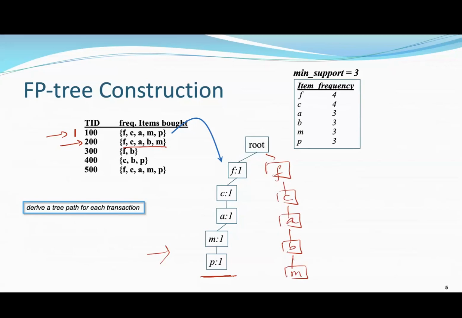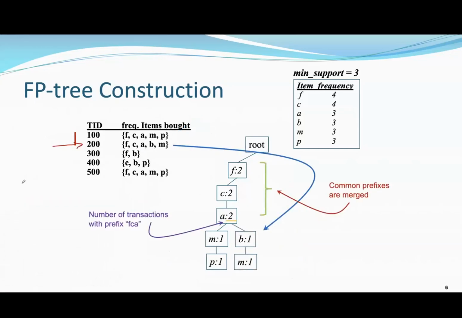However, you notice that these two paths have some common prefix. As I said, our idea is to obtain a compressed structure. So how do you do compression? Well, if there are shared prefixes, you merge them, right? So instead of having a completely separate path, when we process the second transaction, this is what we will get.